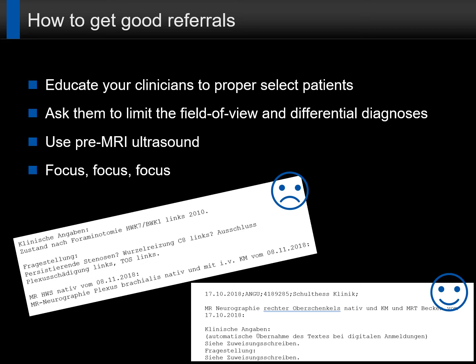This takes time and usually results in an insufficient diagnosis. The best is if the clinician or yourself are using pre-MRI ultrasound to narrow down the differential diagnosis and to focus the MRI exam. So my recommendation is focus, focus, focus once you get your referrals.